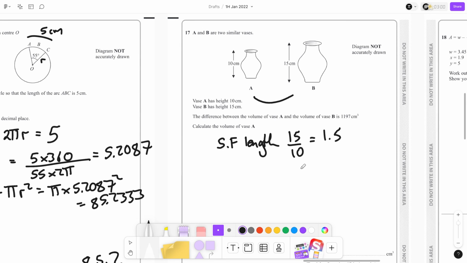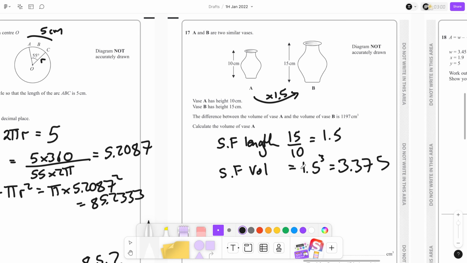So that is 1.5 times bigger when we're talking about the lengths. The scale factor for the volume we therefore know is 1.5 cubed, which is 3.375.